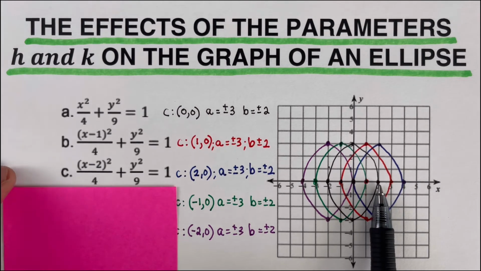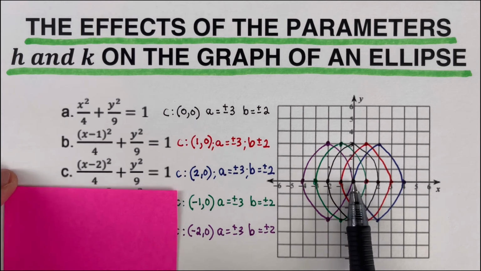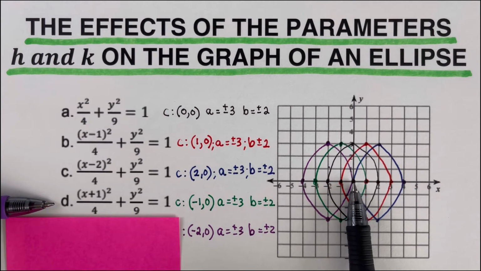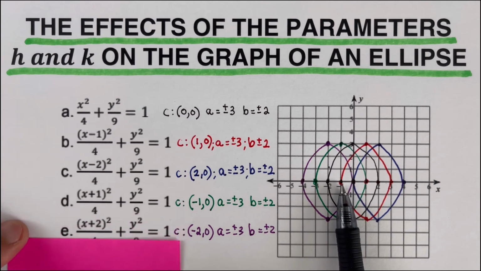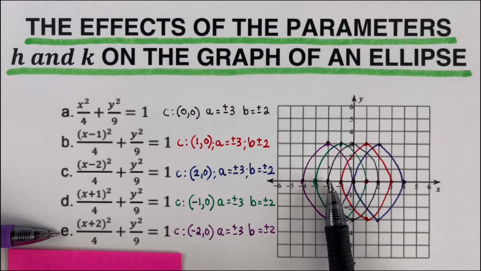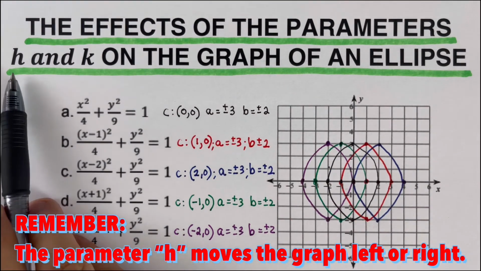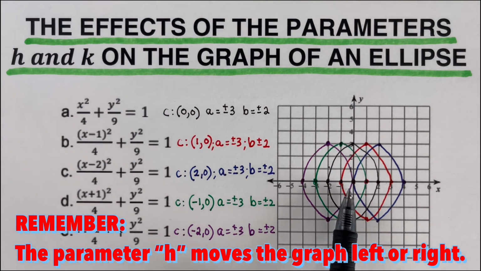Now, on the other hand, from the point of origin where the original graph is, we draw the fourth graph, which is represented as letter D right here, green. And then it started moving to the left. And the purple graph right here, represented as letter E, also moved to the left 2 places. We can therefore say that the parameter h moves the graph left or right.